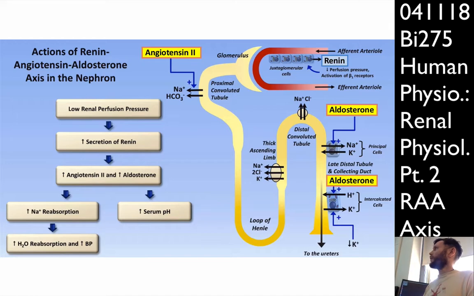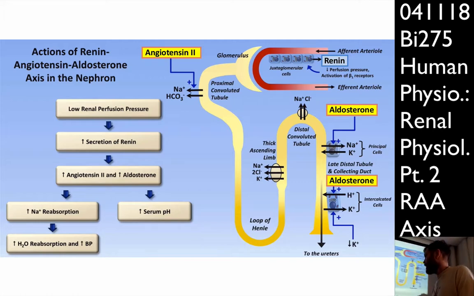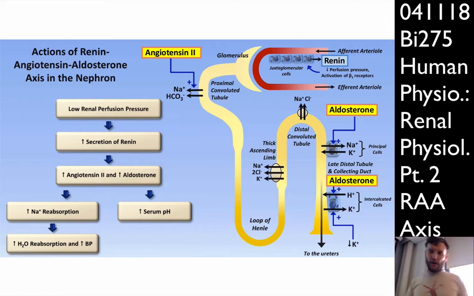My eyes are failing me here. Aldosterone is the main hormone in the distal convoluted tubule, and it's going to achieve two things. The first is on this side, the sodium resorption and water retention, and the other is hydrogen ion export.